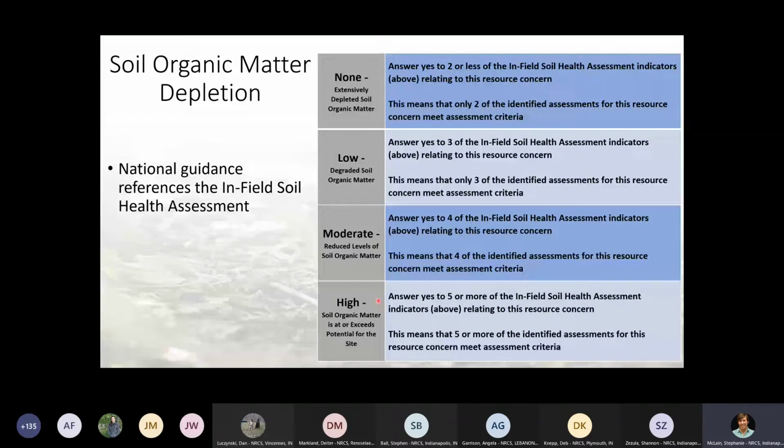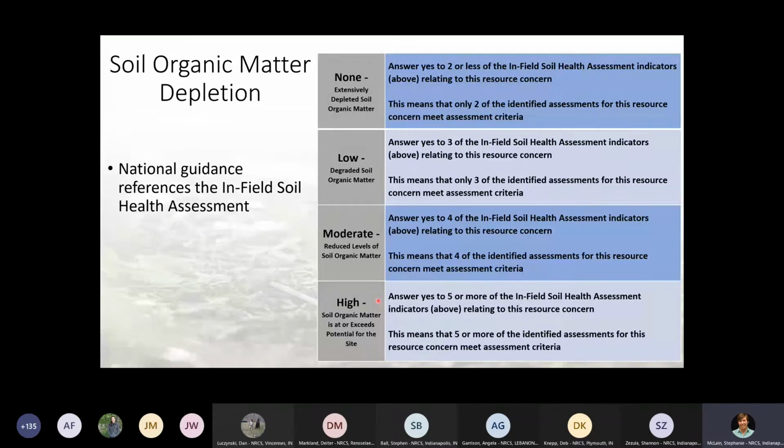If you answered no to 2, you could check that box for organic matter depletion and walk away, because you didn't meet 2 of the assessments, and so that resource concern was present. But CART has upped the ante a little bit, because instead of looking for no's, it's telling us that we now need to look for yeses, which then puts the onus on the planner to actually do more of the assessments.